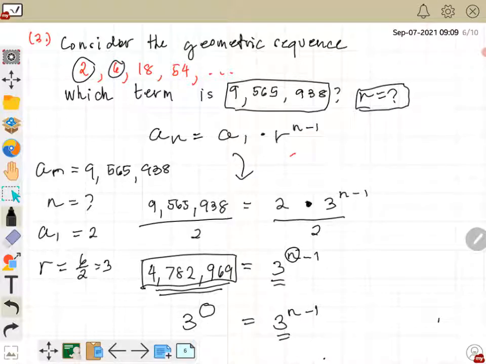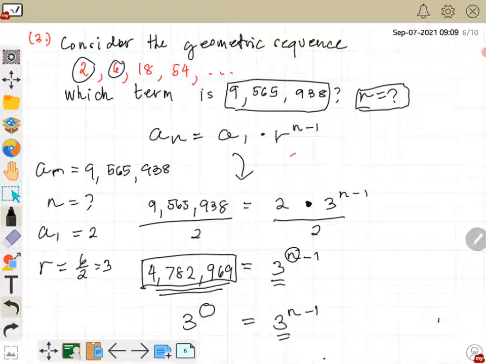So we can do trial and error. Let's say 3 raised to 5. That is 243, which is very far from 4 million. Let's say 3 raised to 10. That is 59,000. 3 raised to 20 is too much. Let us say 3 raised to 12.